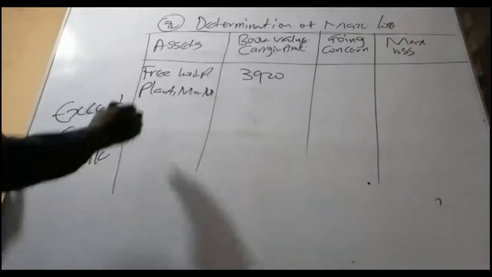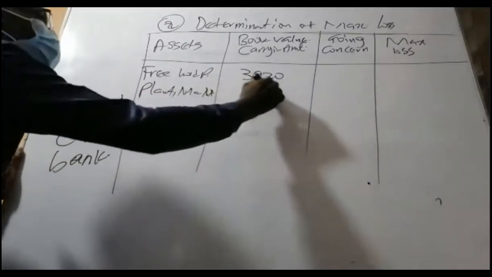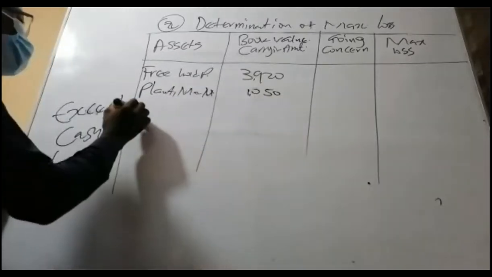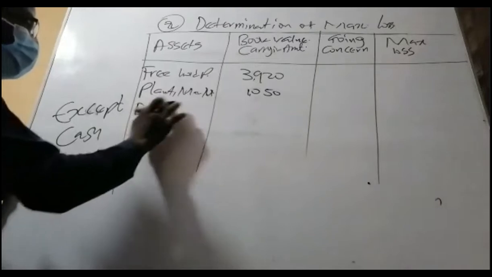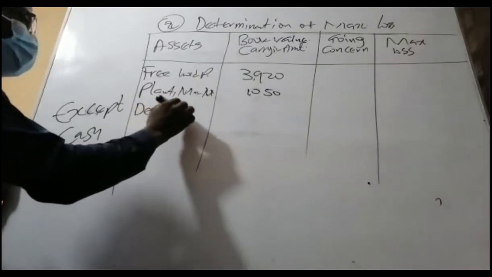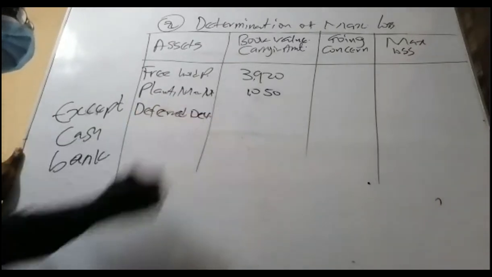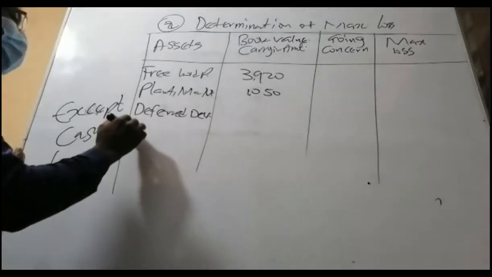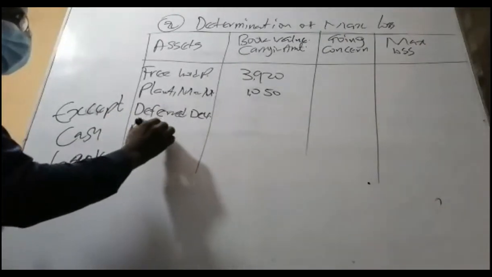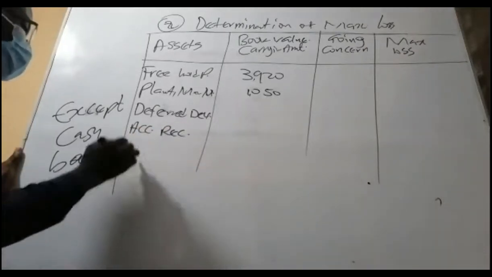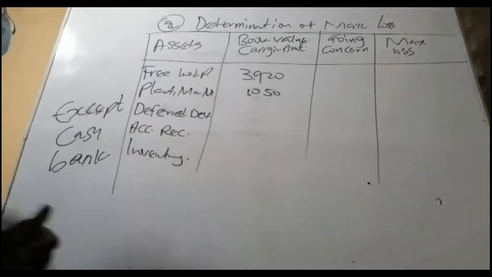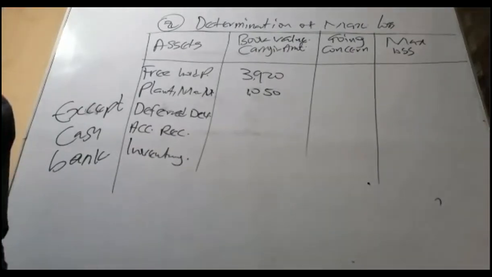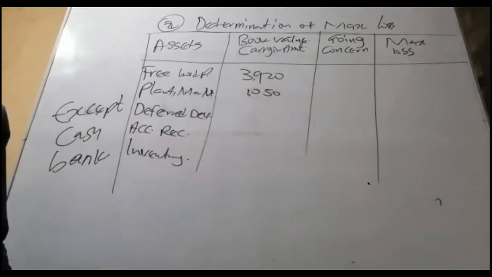Then we have deferred development expenditure, account receivable, and inventory. So I've listed them here.